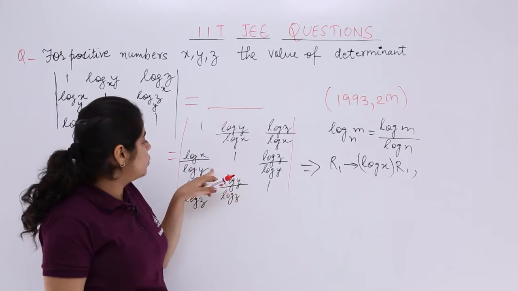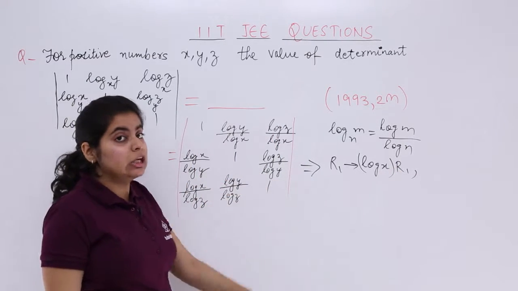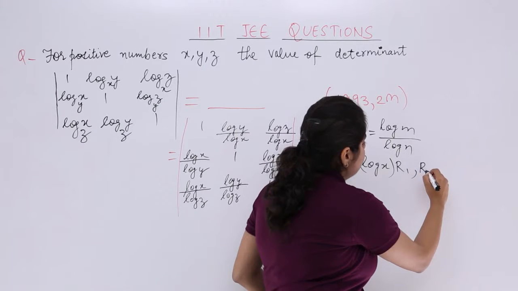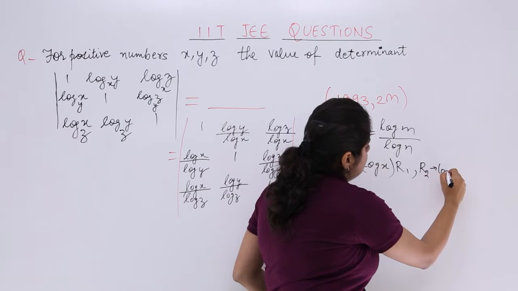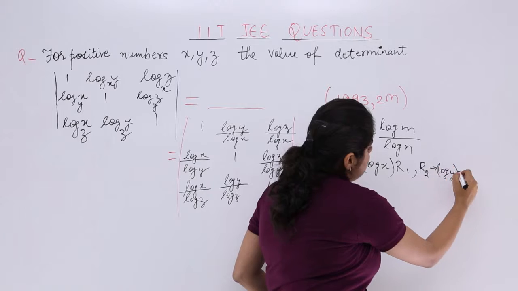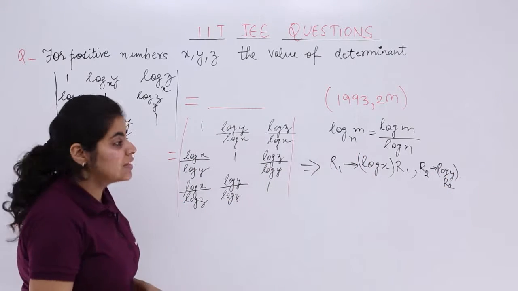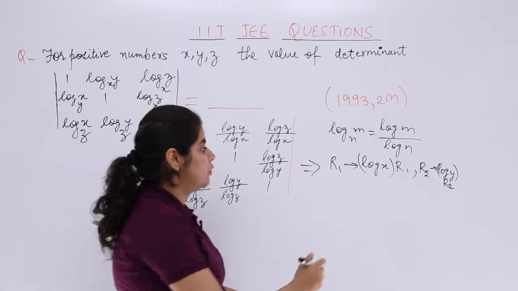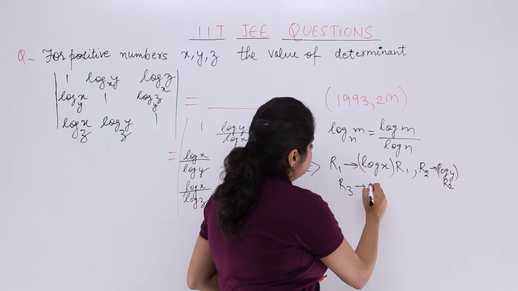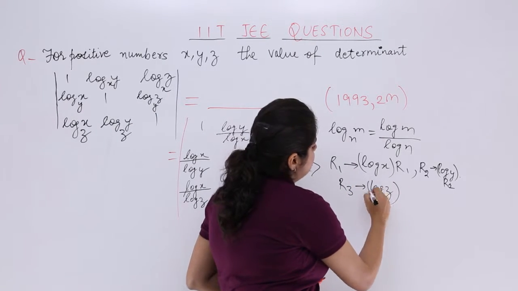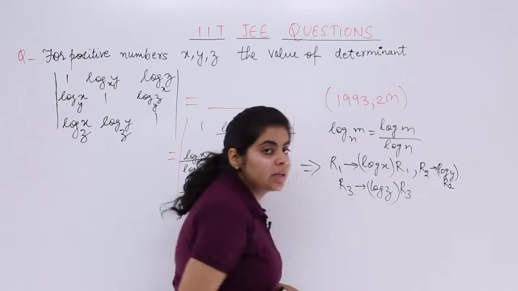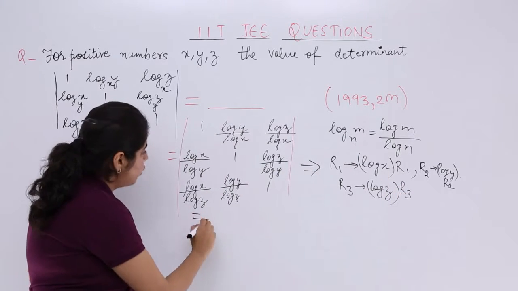Similarly, I do r2 such that I multiply row 2 with log y. Similarly, in row 3 I have log z, so row 3 should be log z multiplied by row 3. Now what happens when I follow this thing?